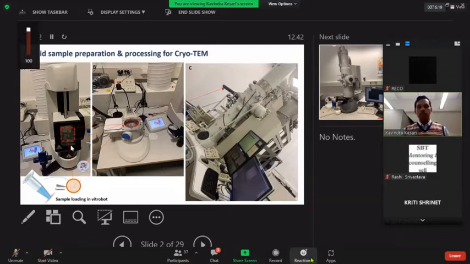Once prepared, you transfer your samples to the cryo setup, and from there you can directly take them into the TEM. These facilities in our department are very popular, one of the advanced techniques in our department.